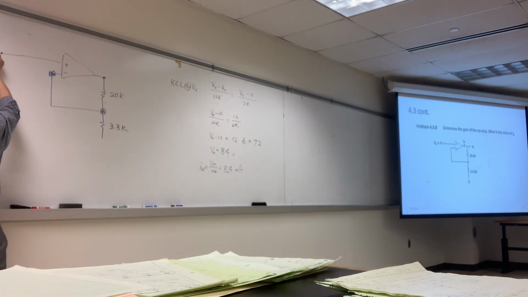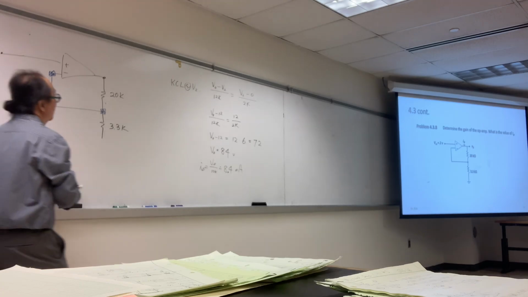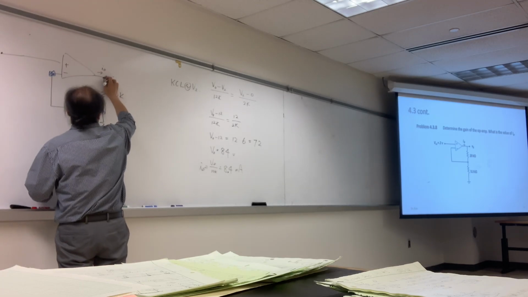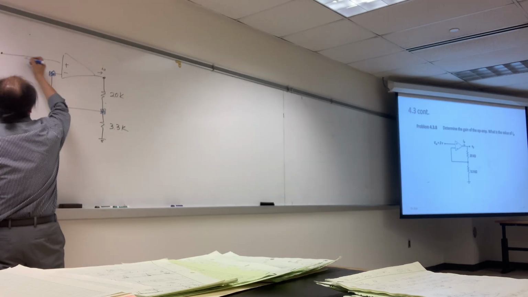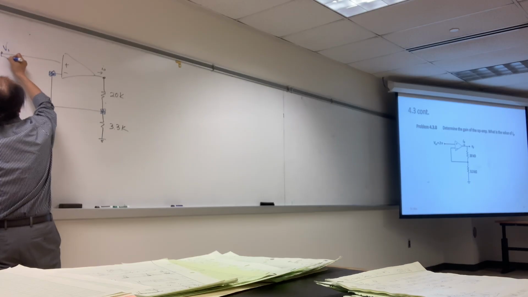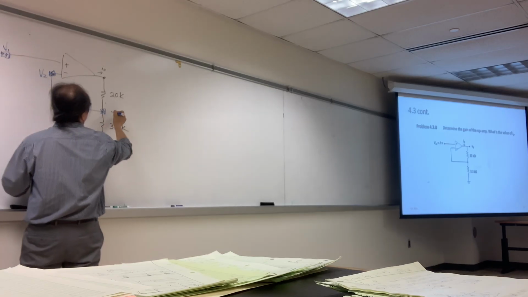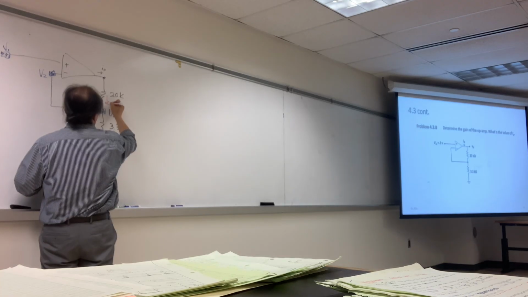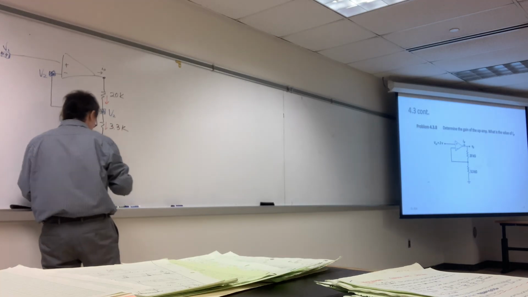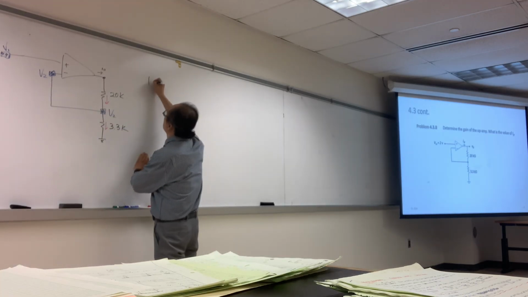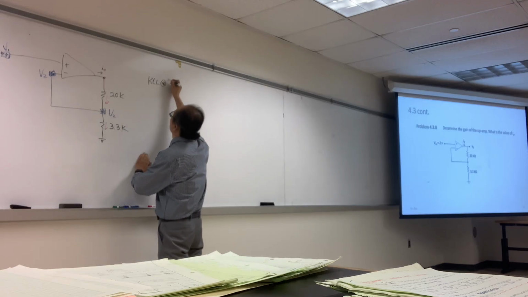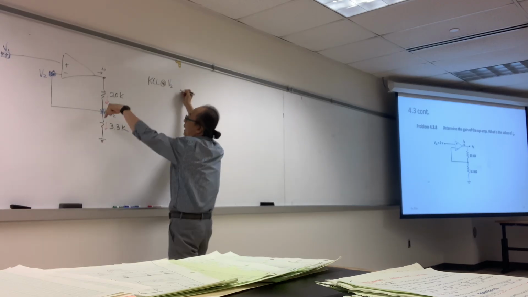Okay, let's do this. V in equals 2 volts, and then find I naught. I'm going to call this V1. This is V2. That means this is V2. Current going downward. KCL at V2 here.